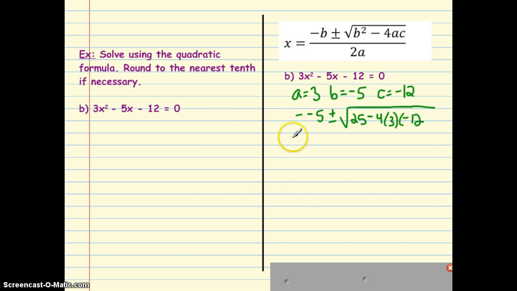There we go. All over 2a, which in this case is 3. And so we'll clean this up. So we have 5 plus or minus, ooh, yikes, didn't close that.